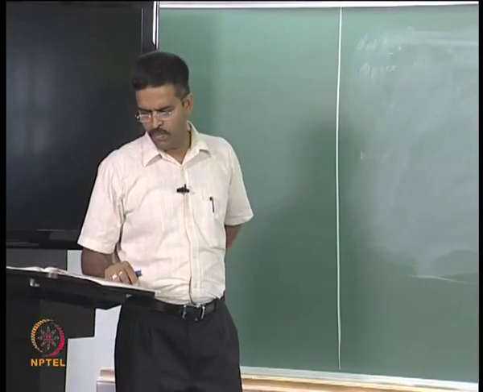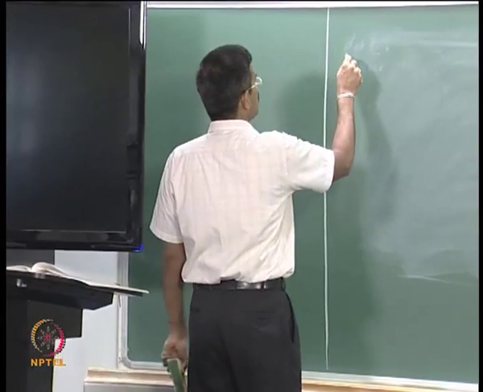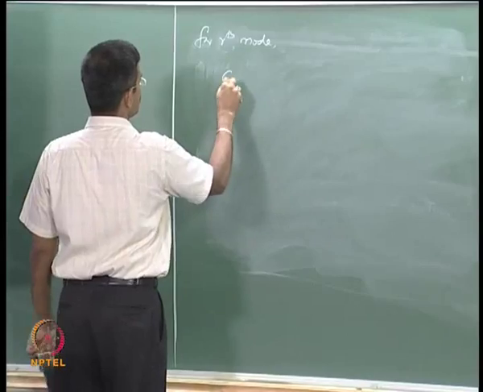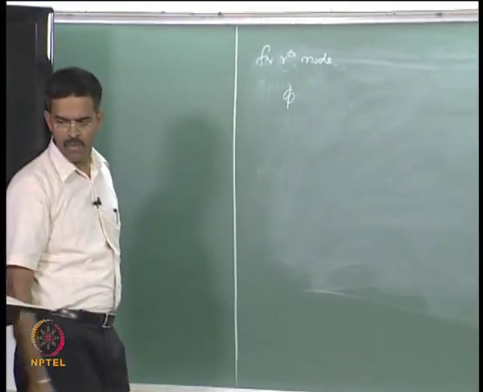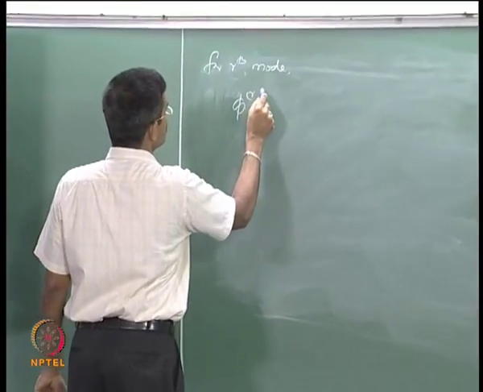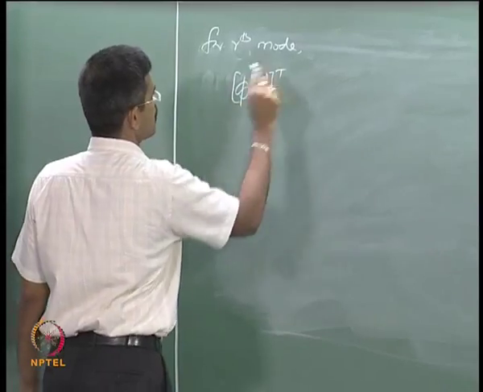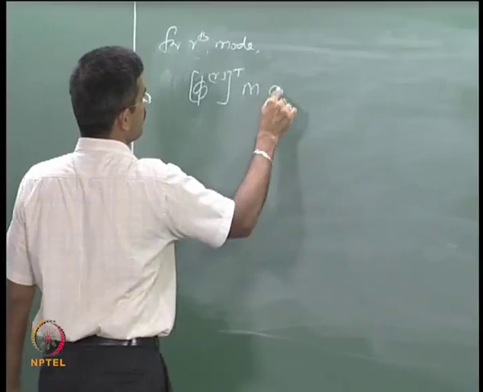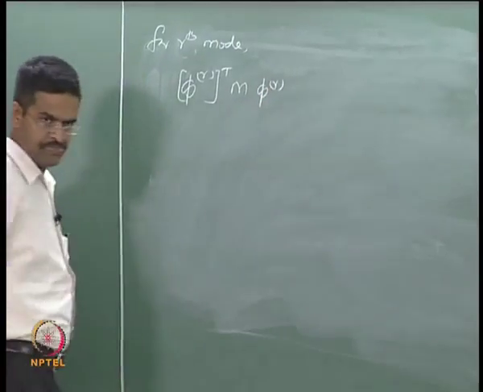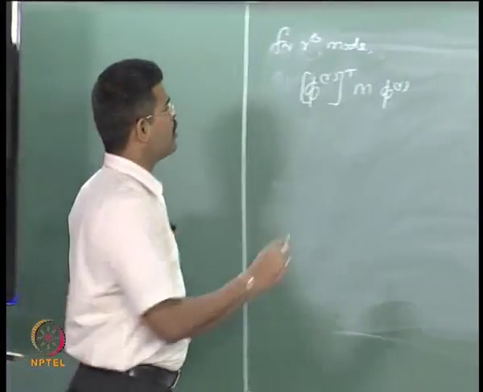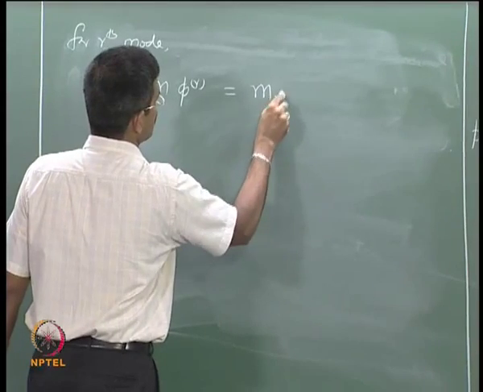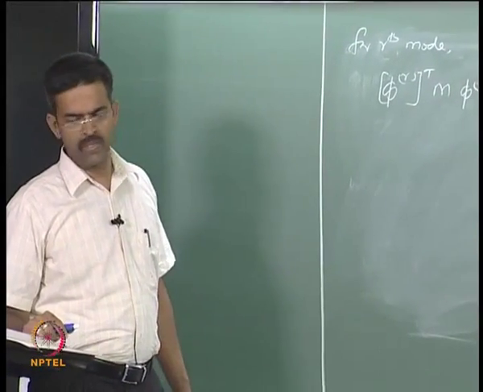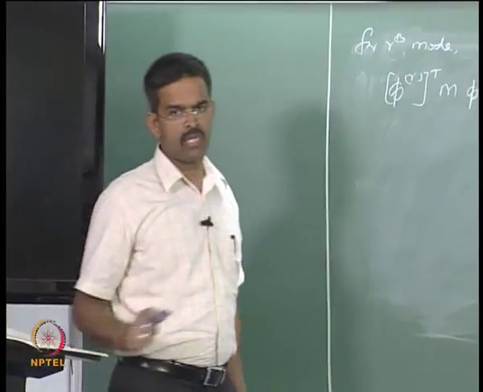For example, for the rth mode, phi R transpose M phi R, I am going to call this M R star, which represents the modal mass for the rth mode.